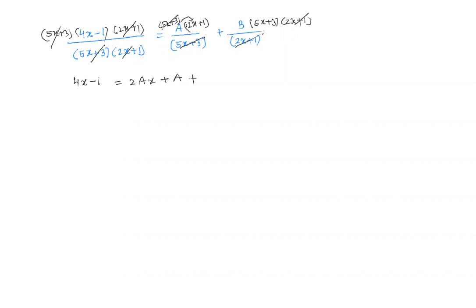That gives you 5bx plus 3b. So 4x minus 1 is equal to 2a plus 5b times x, I factored out x between the two there, then plus a plus 3b.